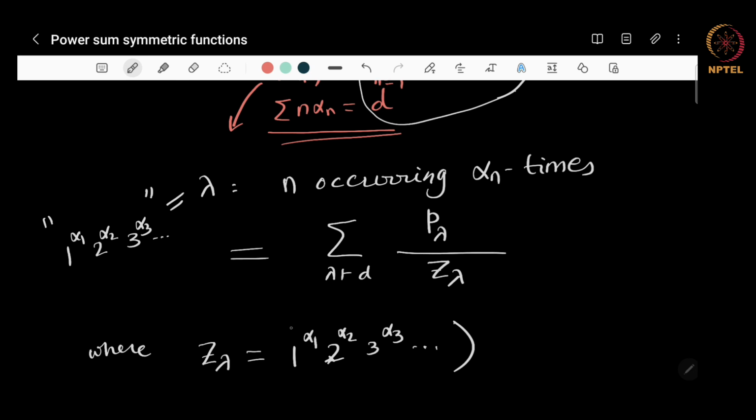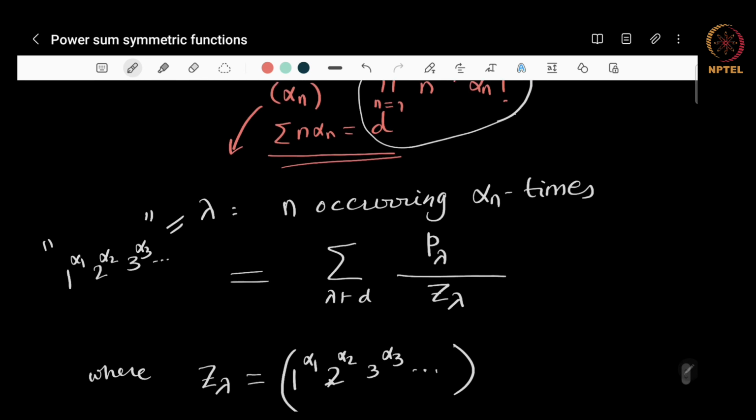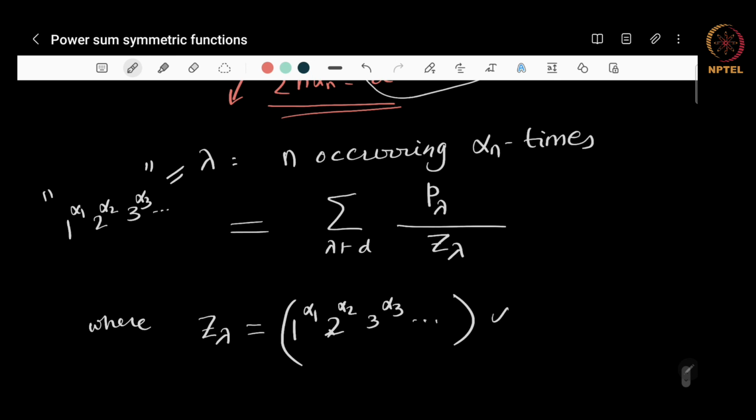And then I have to divide by the factorials, alpha 1 factorial, alpha 2 factorial, etc. So this is the number z lambda corresponding to the partition lambda. This number also turns out to be the cardinality of the centralizer in the symmetric group of an element whose cycle type is given by lambda.